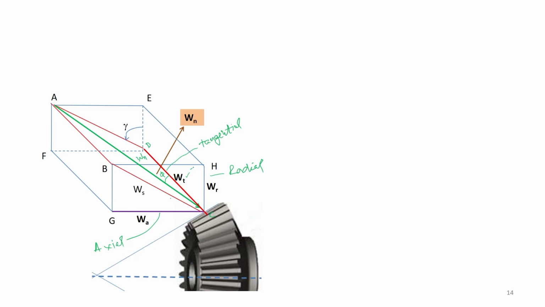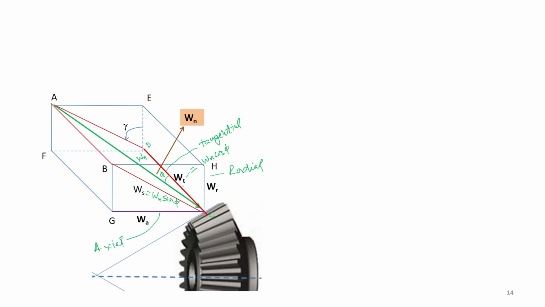So, Wt will be Wn cos phi. Similarly, the component of Wn in the direction of BC is the separating force Ws, and that will be given by Wn sin phi.